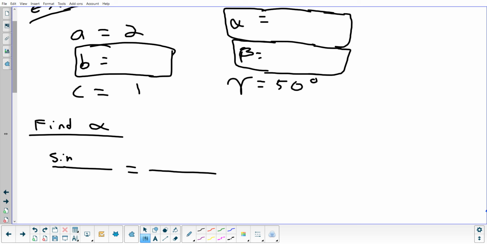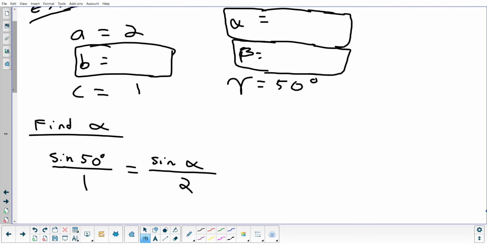Sine 50 over C equals, and what's C? Since we know it, we'll fill it in. 1. Yep, so sine 50 over 1. Good. Sine alpha over, and what's A? 2. All right. So let's see if we can solve this and get an answer for alpha.